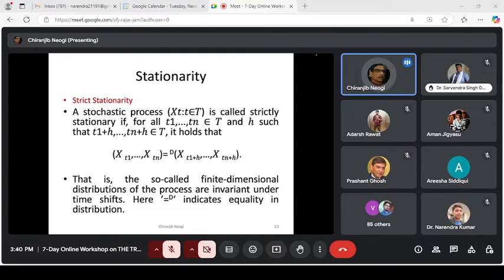This h we generally call a lag. Okay, we call it lag.